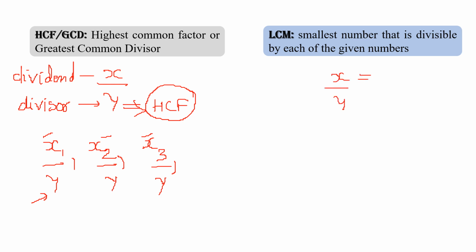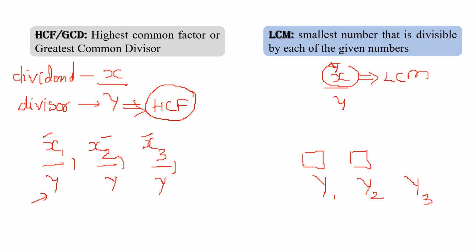Here we are supposed to find the LCM, which means we are supposed to find the dividend. This should be divisible by the given numbers. So they would give us say two numbers y1, y2 or y3, and they want us to find the numerator. So here we are supposed to find the dividend such that this x is the smallest number which is divisible by each of these given numbers.